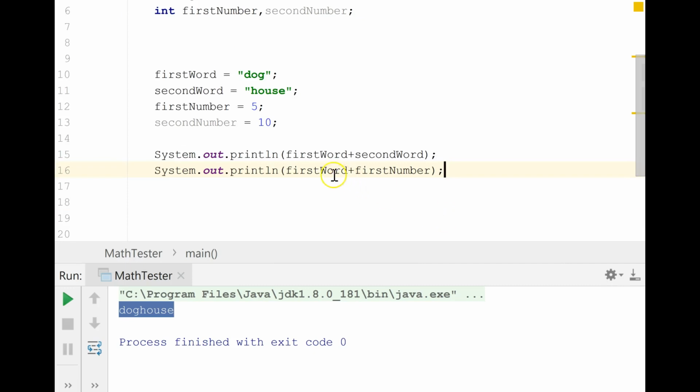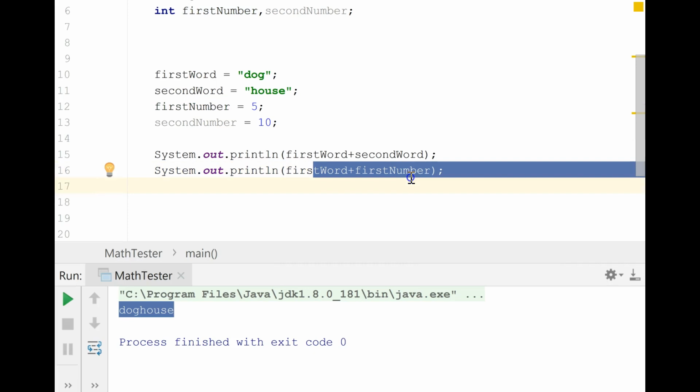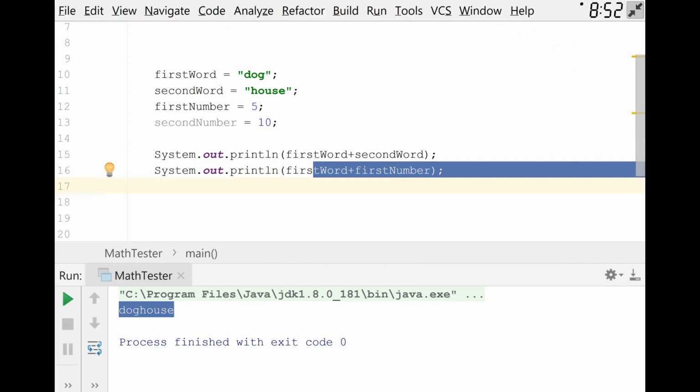Okay? Now, let's see what this actually prints. When we are doing two words together, it just combines them. What happens when we have a word and a number? So let's check that out.